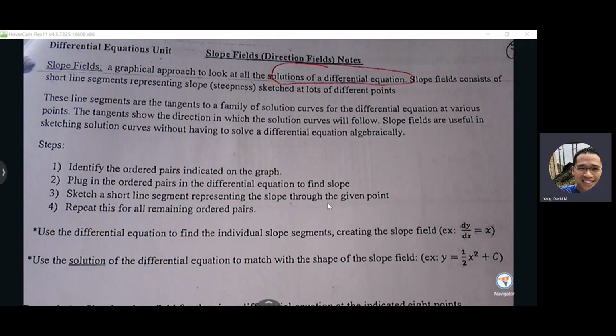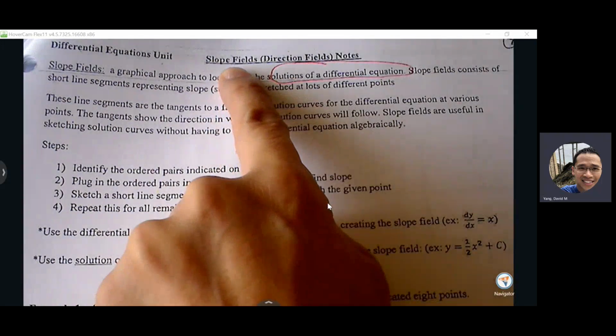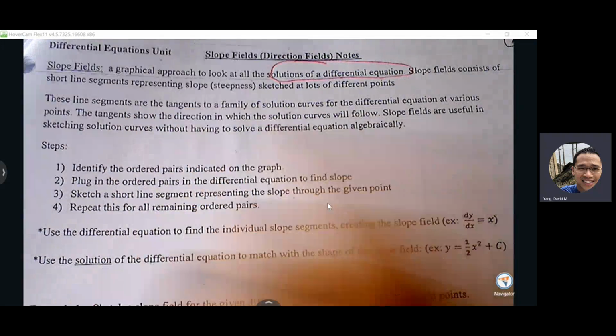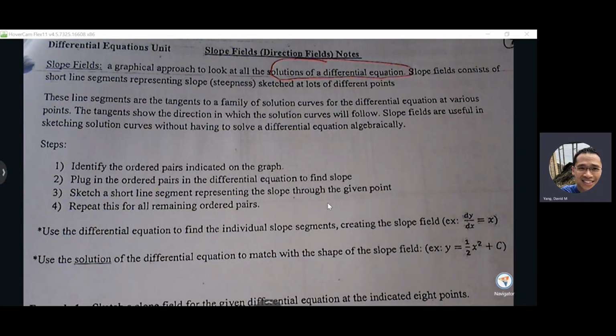But there are going to be a lot of different equations that are not solvable, at least not by hand, not by us. And so the idea is that slope fields allow us to look at a visual representation of the solution without us being able to solve it algebraically. So that's really the big picture here.